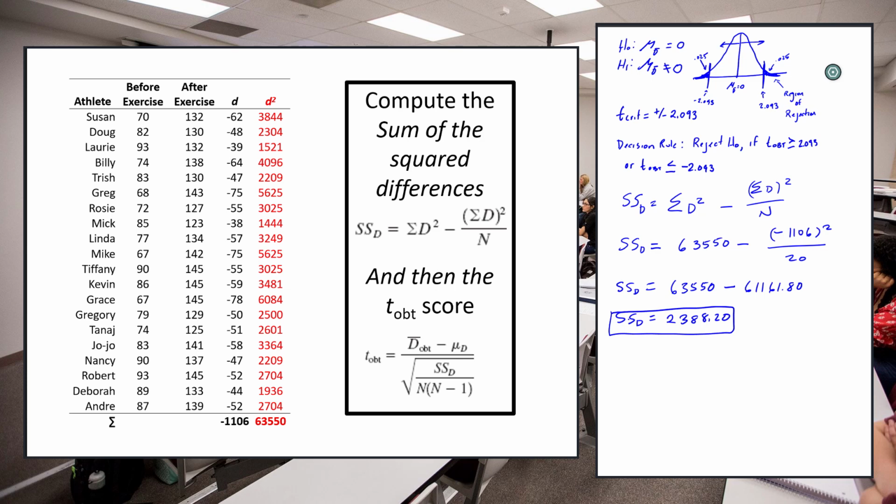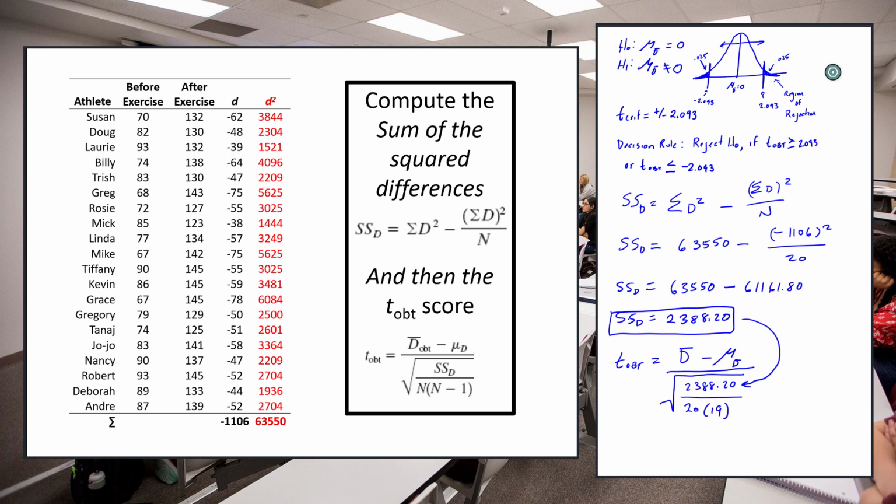And now we need to plug that sum of squares value into our t obtained equation. So t obtained is equal to d bar minus the population mean difference of 0, divided by the square root of our sum of squares, 2388.20, divided by 20 times 19.